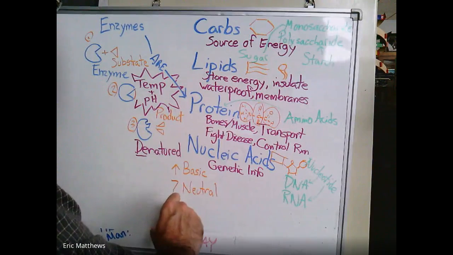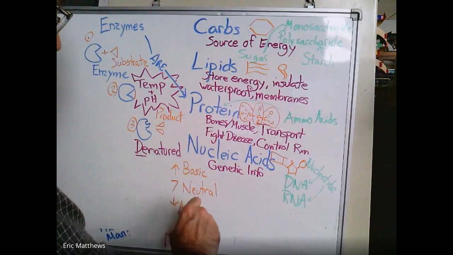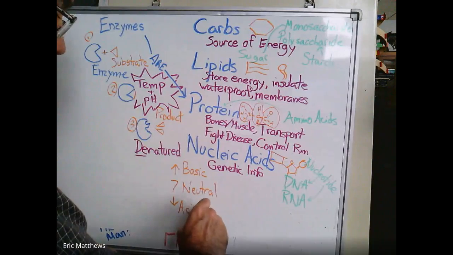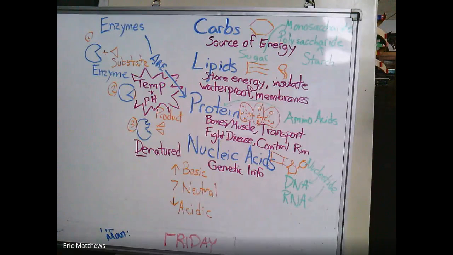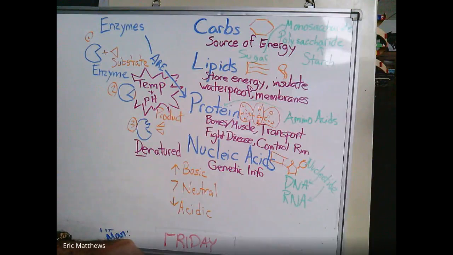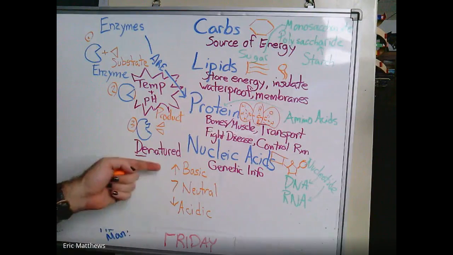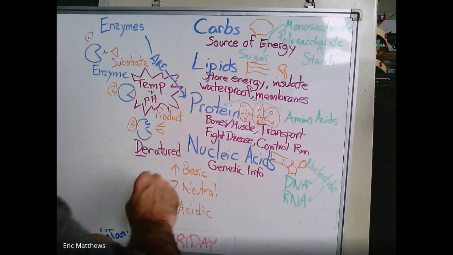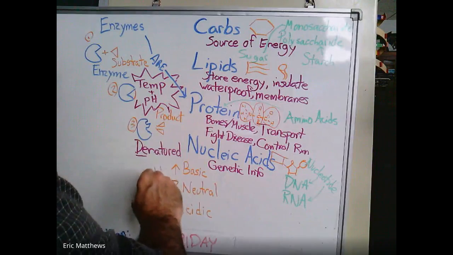If you go below 7, it's acidic. So 7 is neutral. A 5 is acidic. A 10 is basic. It just is based around this. That is our pH scale.